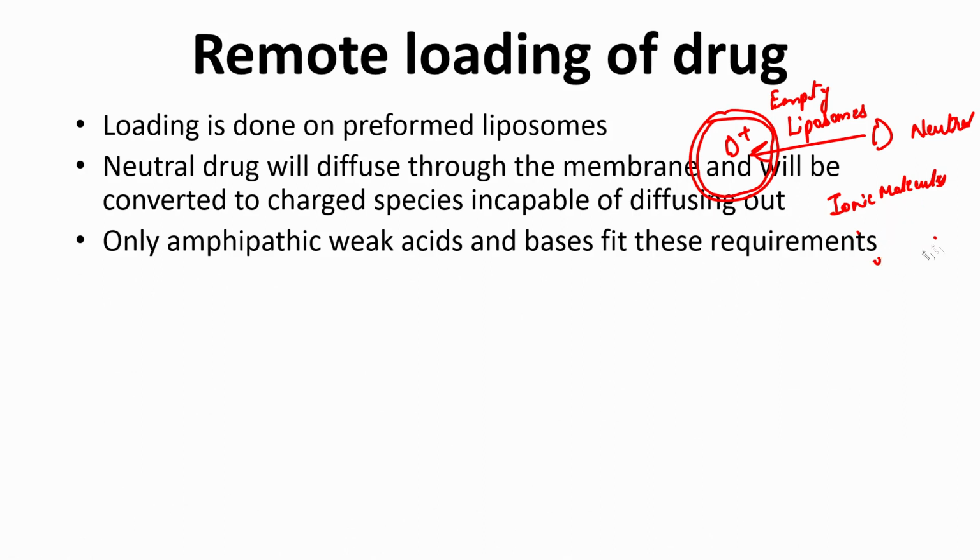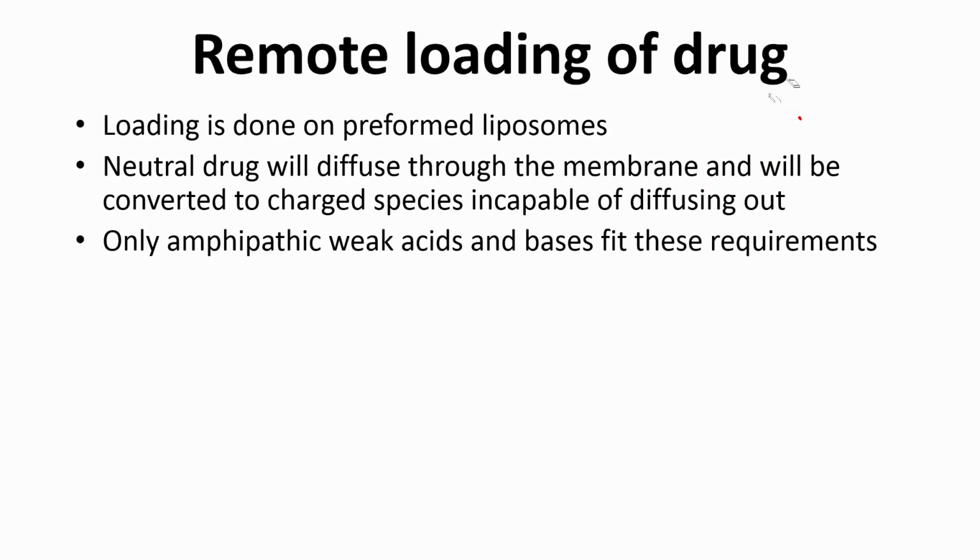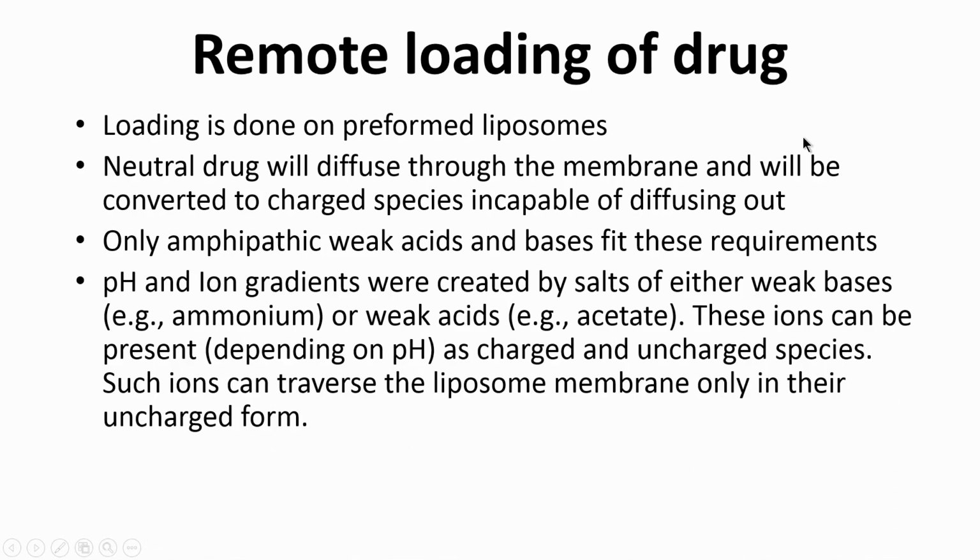Typically, only drugs that are weak acids or weak bases can fit this requirement, because if the drug is a strong acid or a strong base then it will always be either charged or uncharged. Only the ones that are slightly weak acids and weak bases fit, and then a pH and an ion gradient is created.